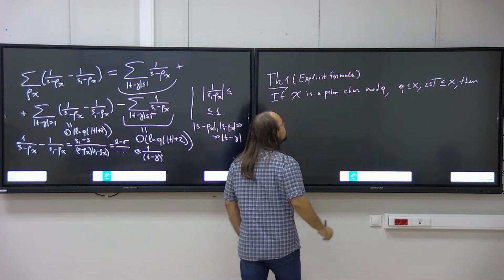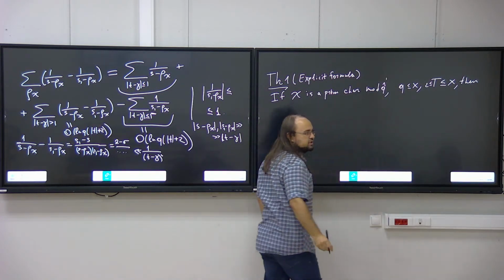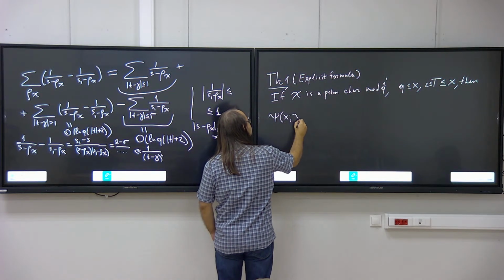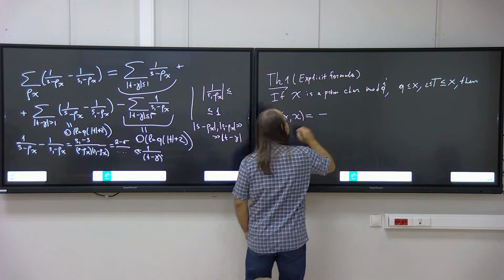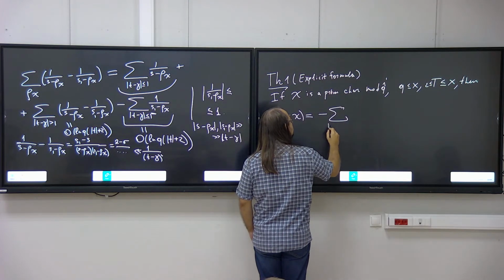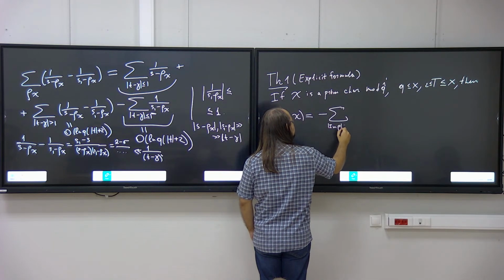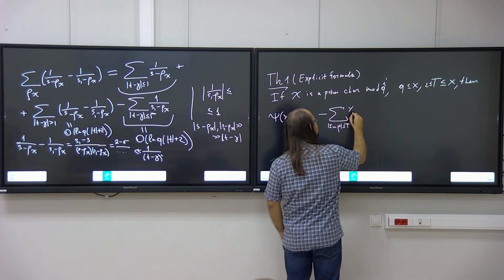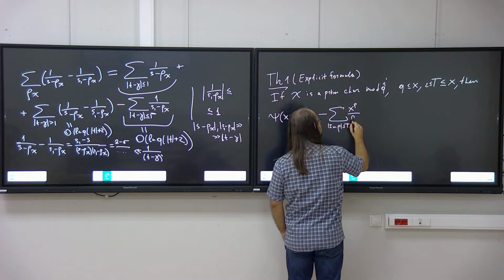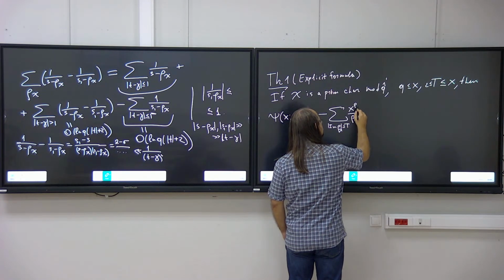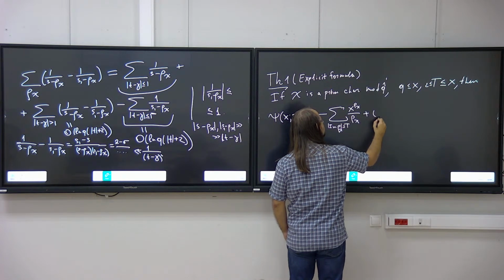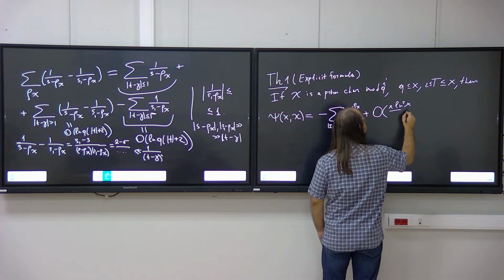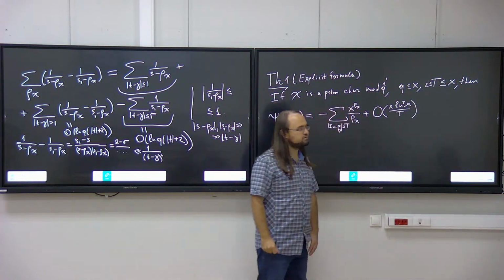Psi of x chi is equal to minus sum over all zeros such that the imaginary part of rho is at most t, x to the rho over rho chi, of course zeros of the corresponding L function, plus big O of x log squared x over t.